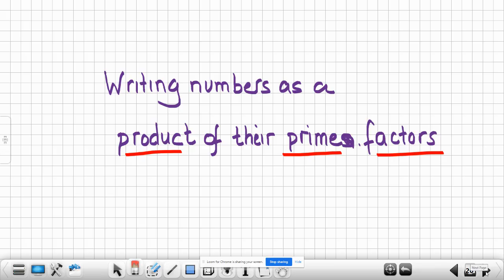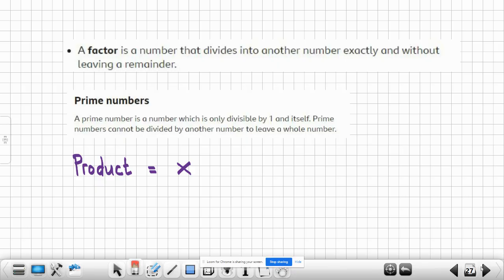So let's do that. A factor is a number that divides into another number exactly and without leaving a remainder. So if you think of a number such as 6, it's got a factor of 3 and a factor of 2. And what that means is we can divide 6 by 3 and it will go in exactly.